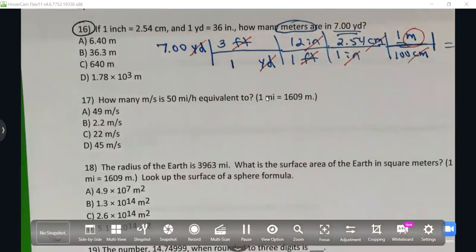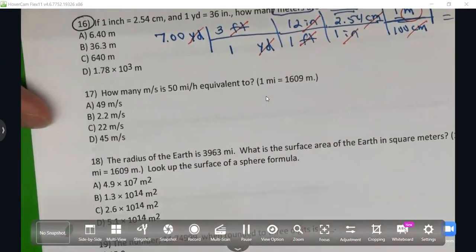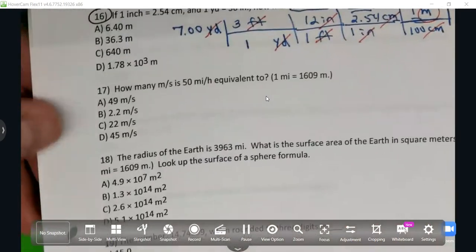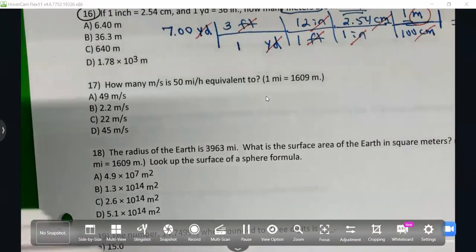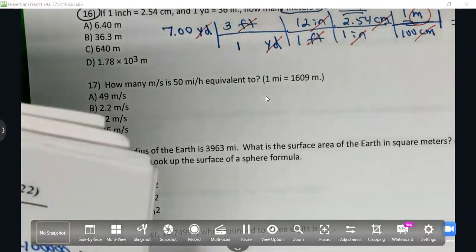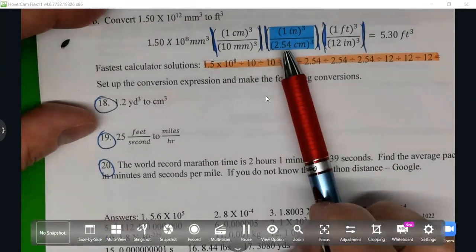Now, calculator-wise, let's say you have something to punch into your calculator, and I think I can go with the previous example we did. Let's talk about using your calculator efficiently.